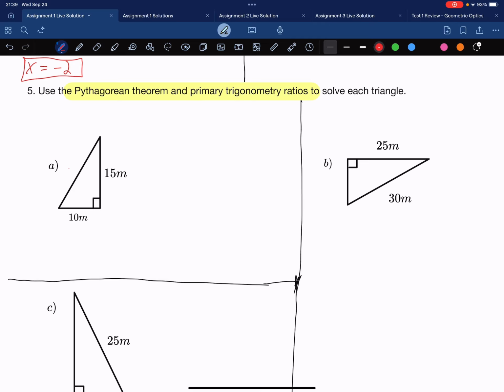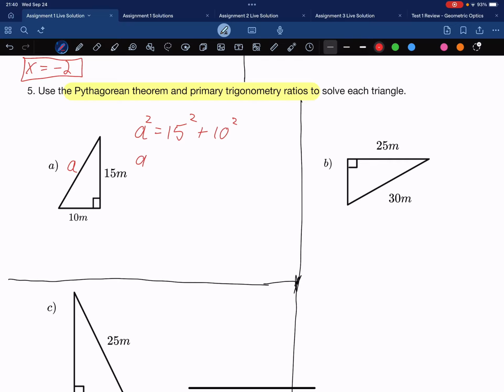Let's call this side length A because this is part 5A. So I'm looking for A squared, and I know that this is going to be the 2 other side lengths squared added together.